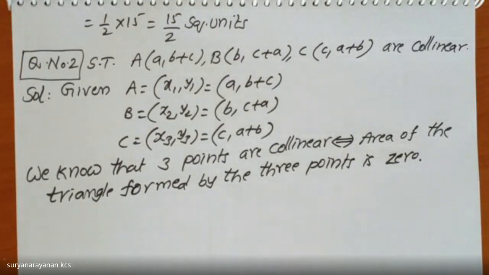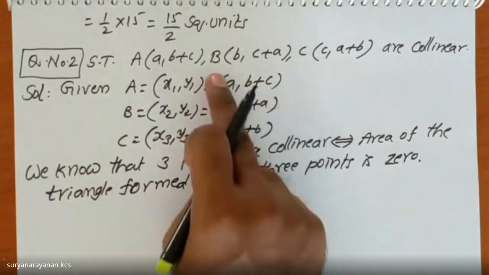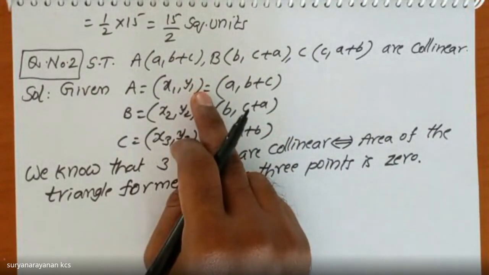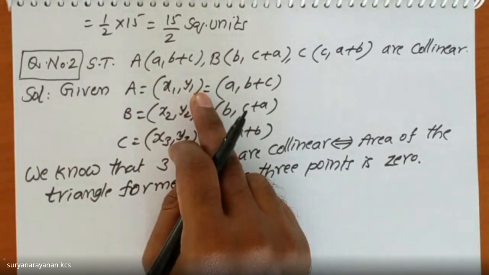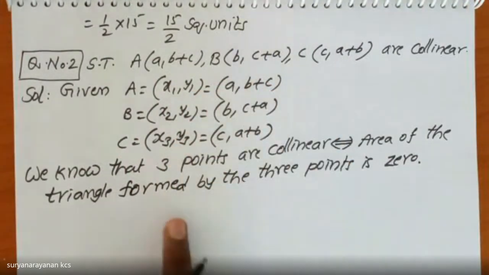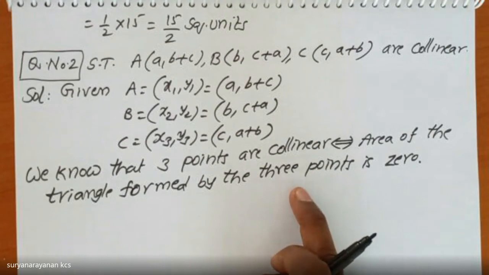So indirectly they have asked the area of this triangle only. If you get 0 square units, finally we conclude the 3 points are collinear.